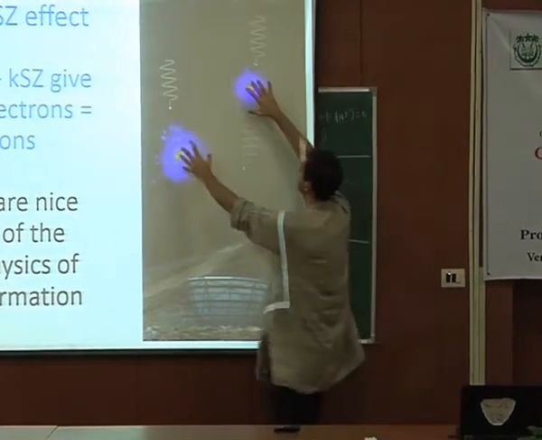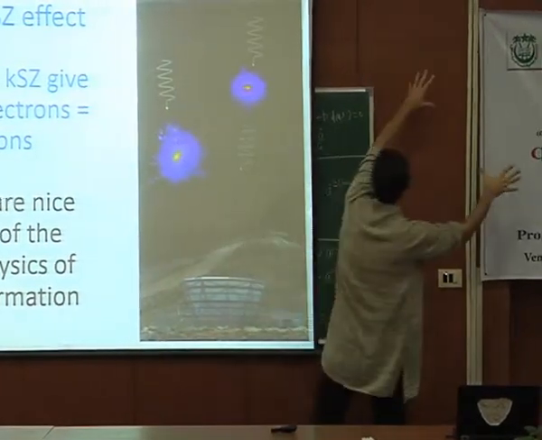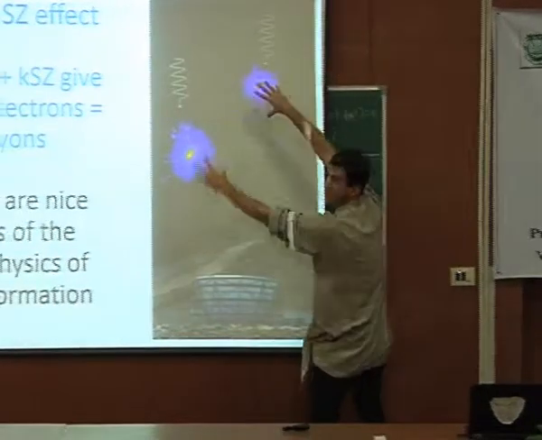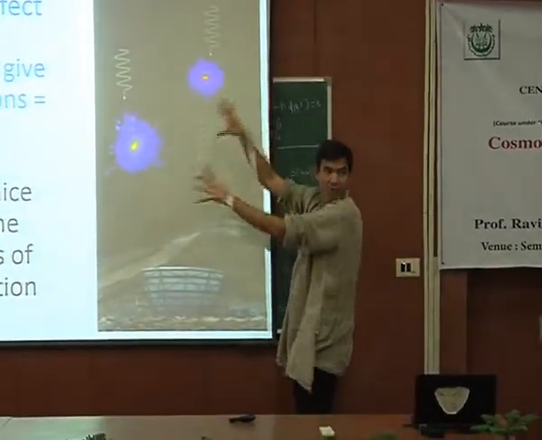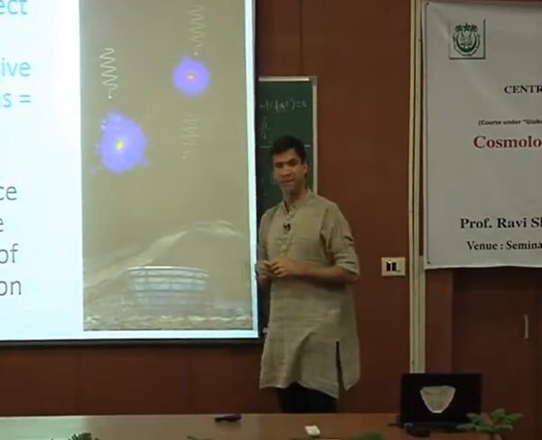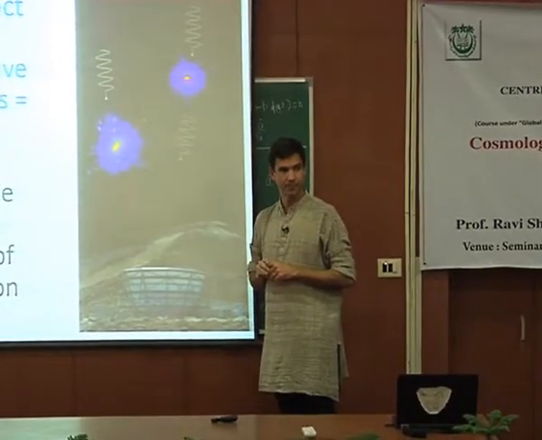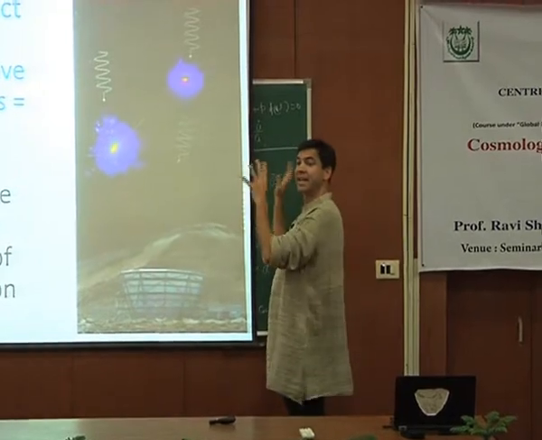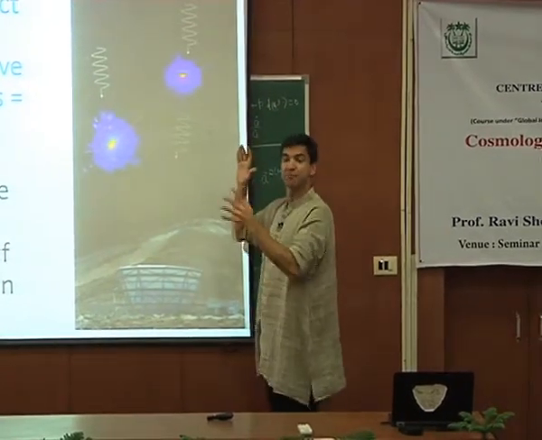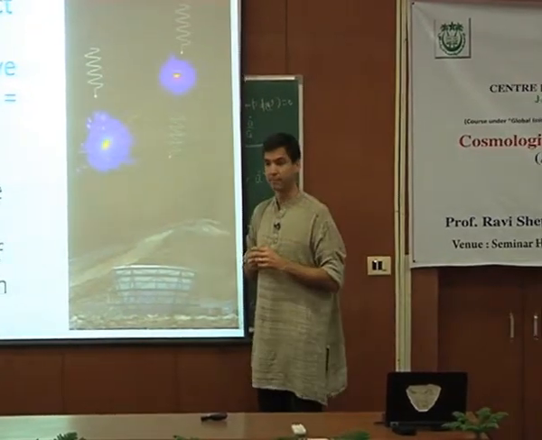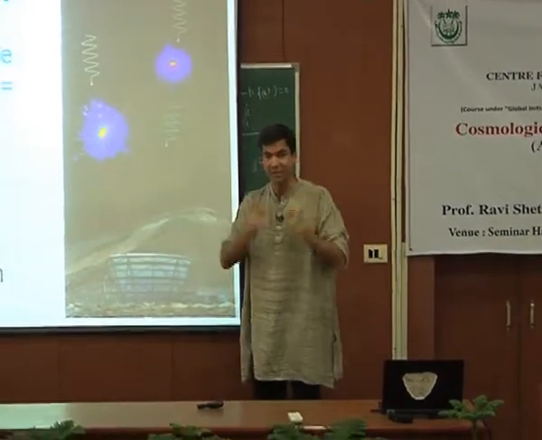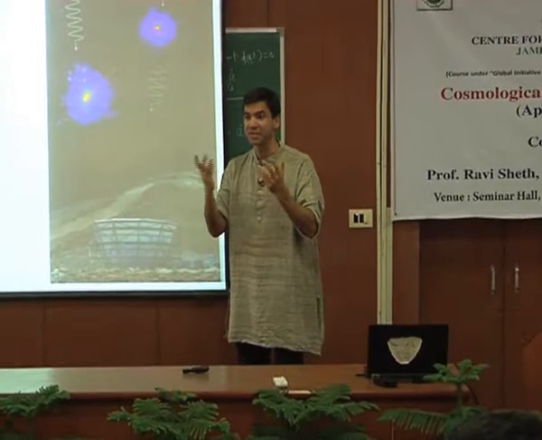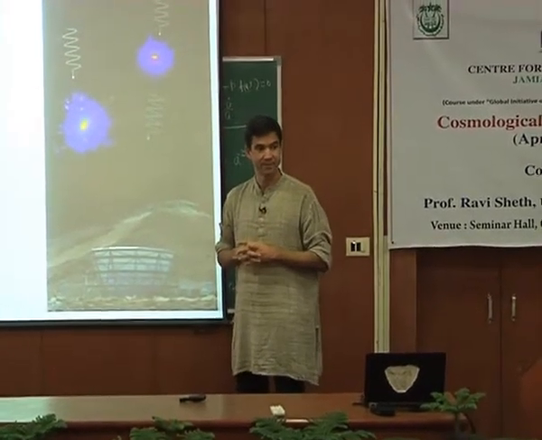Okay, so I can take these pairs, then I can put them on top of each other. So I can make a stack of all pairs separated by 10 megaparsecs. And then I can stack the CMB that was between them. And I can look in that stacked image to see if the CMB shows an SZ effect.